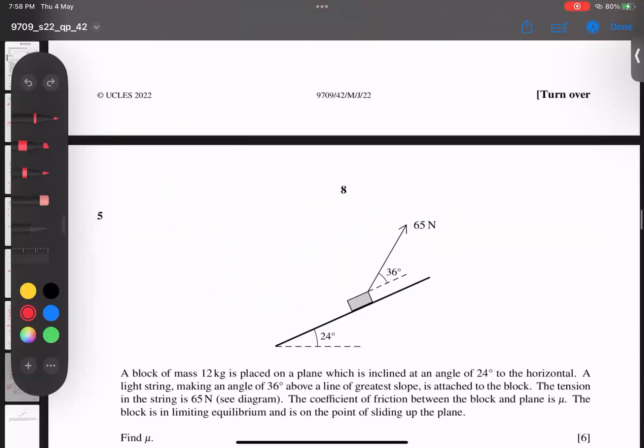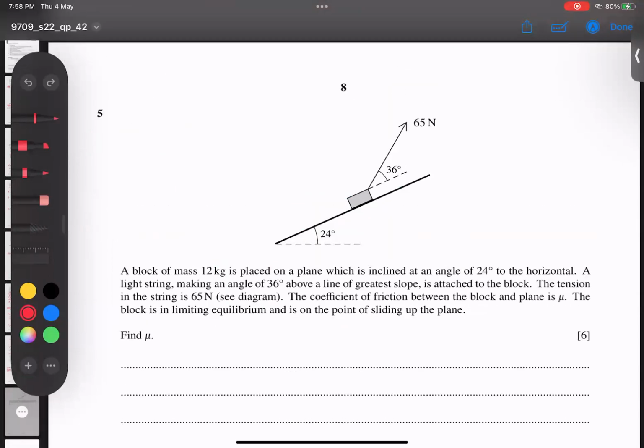So next question, students, we have number 5. The question is, the mass of 12 kilograms is placed on the plane at an angle of 24 degrees. You can see here, and a string making an angle of 36 degrees above the slope. You can see this angle clearly.